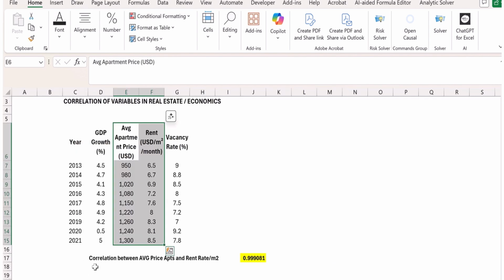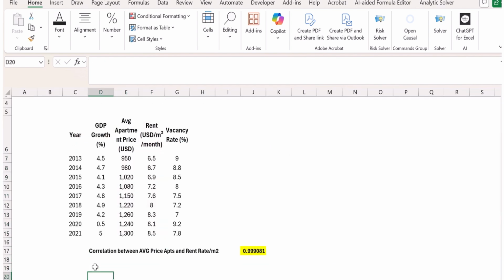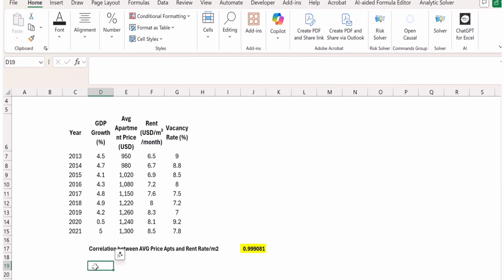Now, let's see another example. Correlation between GDP growth and vacancy rate.